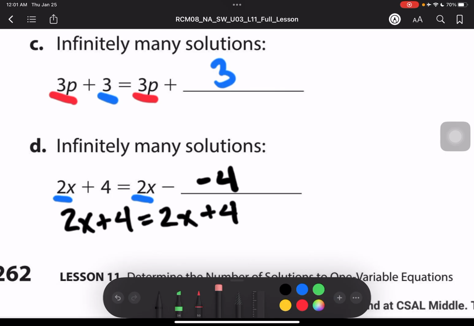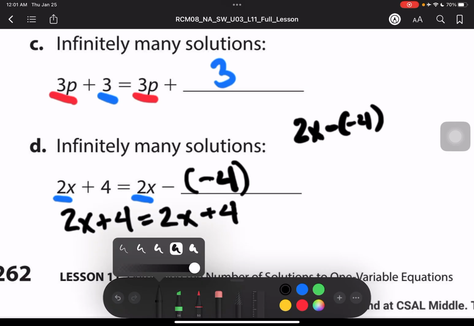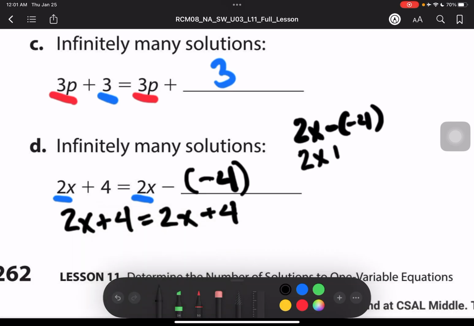And of course, I always like to write that inside parentheses, because that lets you know that, remember we talk about additive inverse. Additive inverse means you add the opposite. So 2x plus, keep the first number, it doesn't change. Make subtraction into addition and take the opposite behind it, additive inverse. Okay?